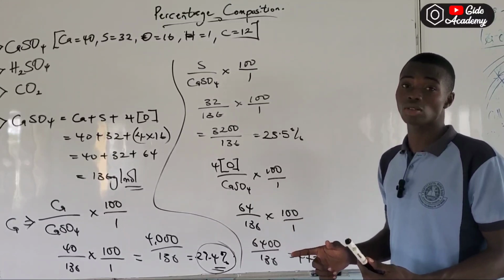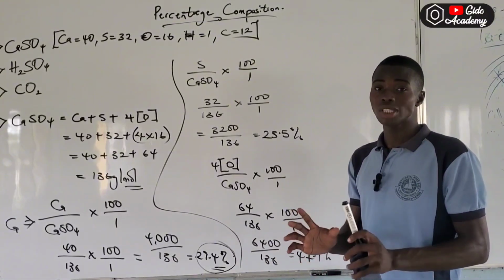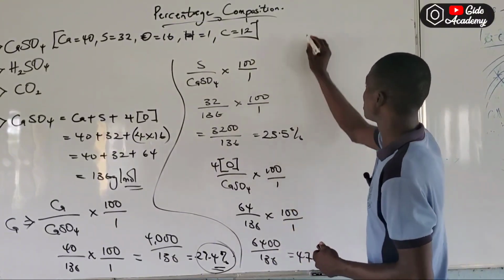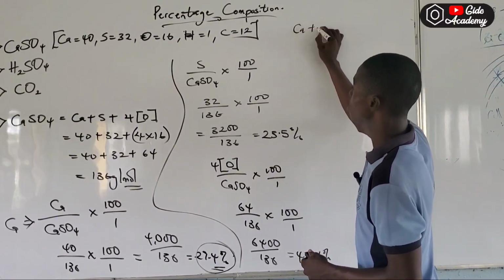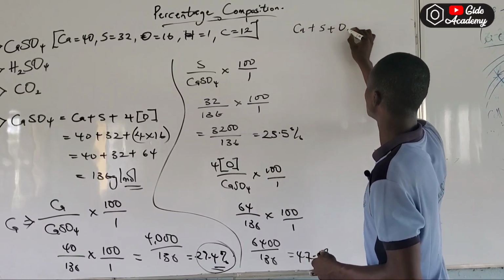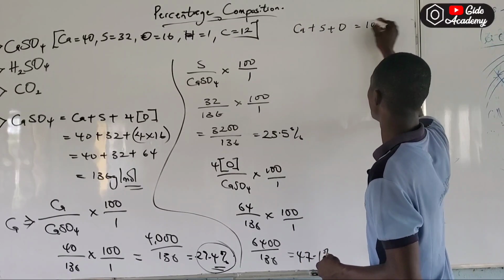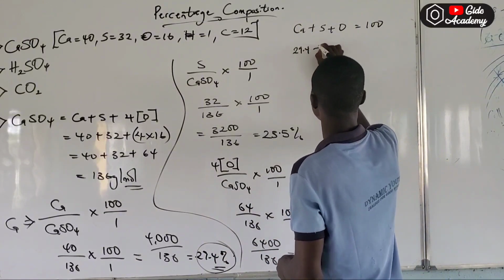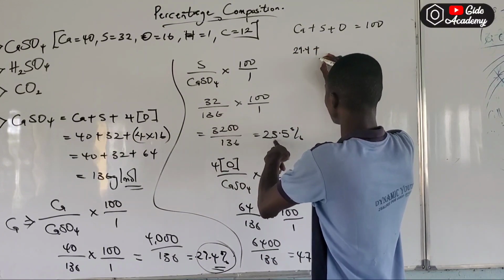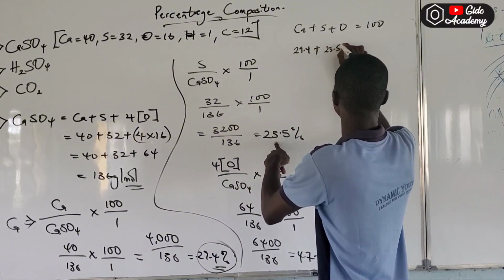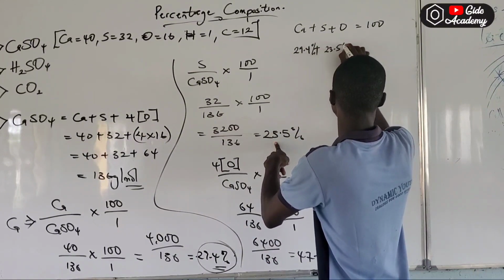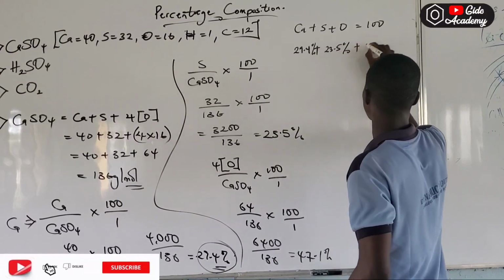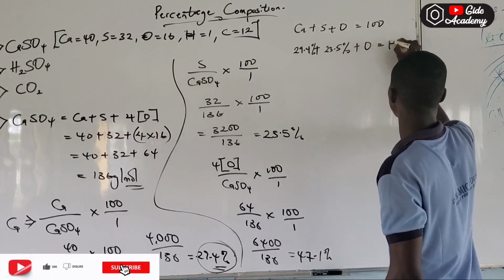In most cases, I'm not expected to solve for the one of oxygen. What I'm to do is very, very simple. I write calcium plus sulfur plus oxygen is equal to 100. Calcium was gotten to be 29.4, sulfur was gotten to be 23.5. Please let us add percent plus oxygen equals 100.